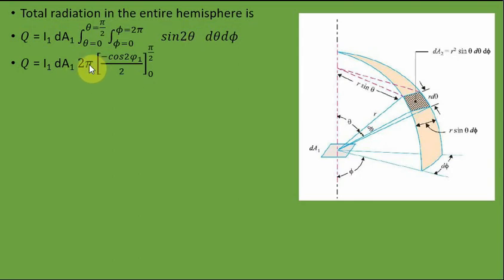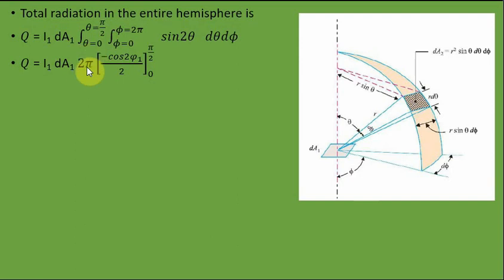So if I integrate d phi, it will be phi only, and if I integrate sin 2 theta with respect to d theta, it will be minus cos 2 theta divided by 2, and that theta should be integrated from 0 to pi by 2, whereas phi, if I integrate from 0 to 2 pi, it will be 2 pi only.